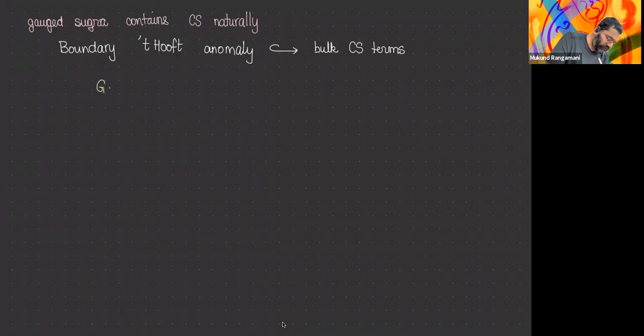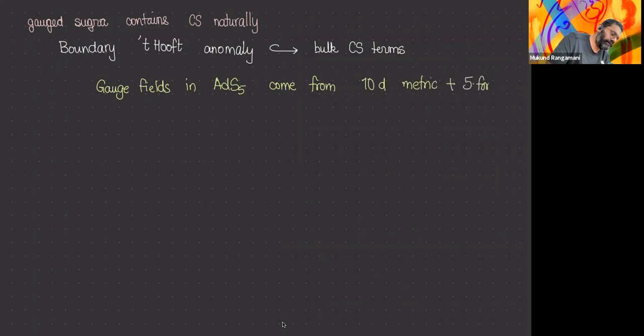The gauge fields in AdS5, let's say, come from the 10D metric and the 5-form and correspond to KK modes going around the sphere, rotating around the sphere.